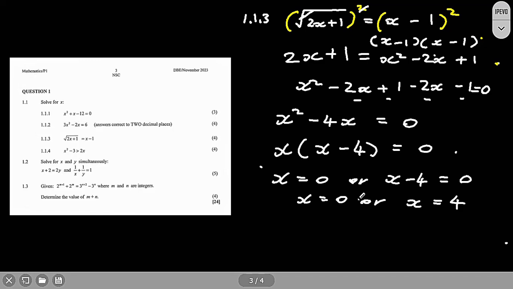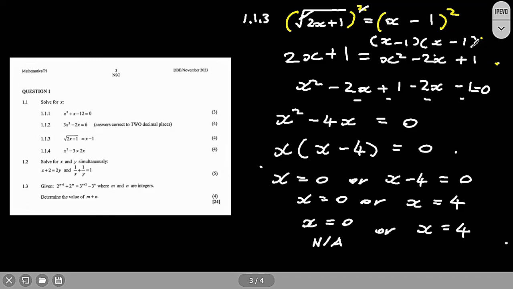Your valid answer will always be positive, so the invalid one is either 0, or sometimes a negative. So in this case we will indicate that x equals to 0 is not applicable, or x is equal to 4, and you get your 4 marks.